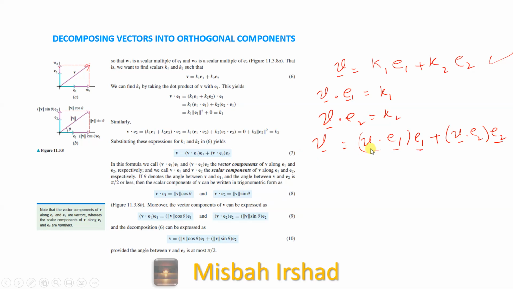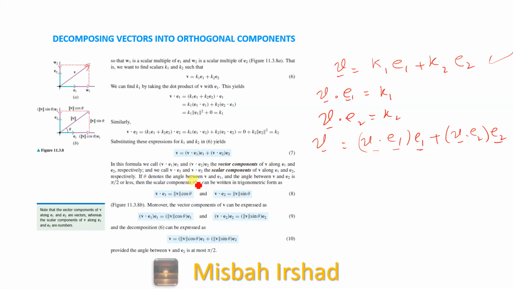So v dot E1 and v dot E2 are the scalar components of v along E1 and E2, and (v dot E1) E1 and (v dot E2) E2 are the vector components of v along E1 and E2 respectively.